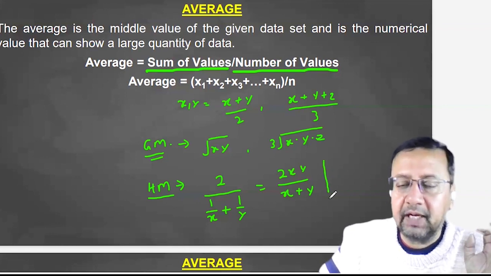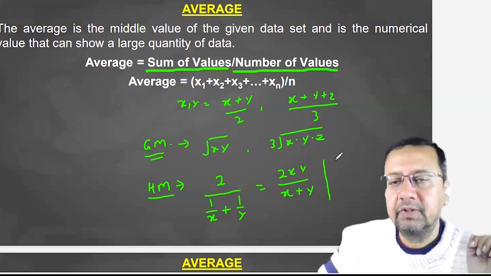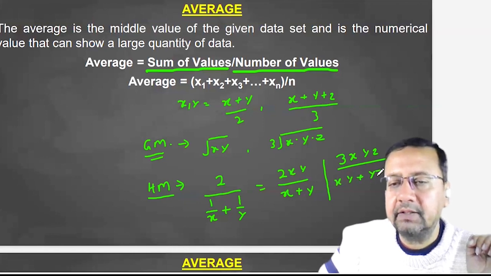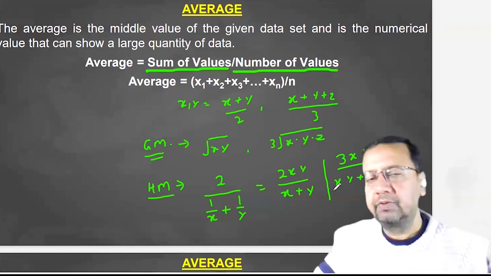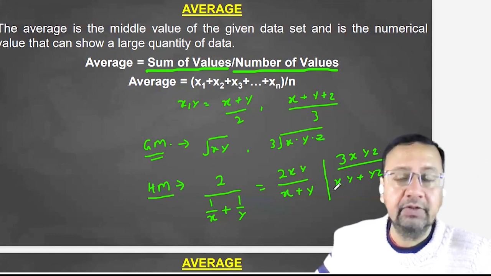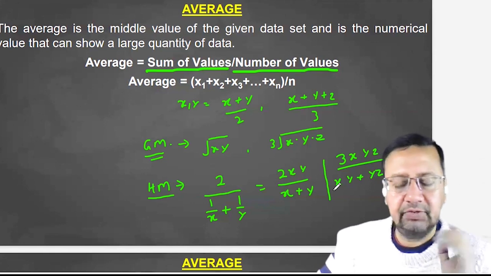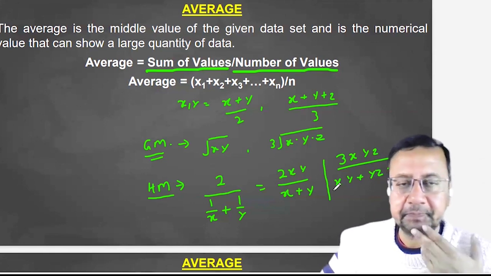If you want to calculate for three values, say x, y, and z, this is 3xyz divided by xy plus yz plus zx. So this is the harmonic mean for three variables, right?